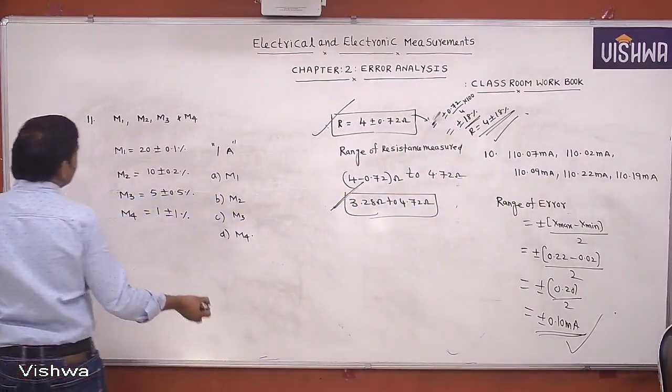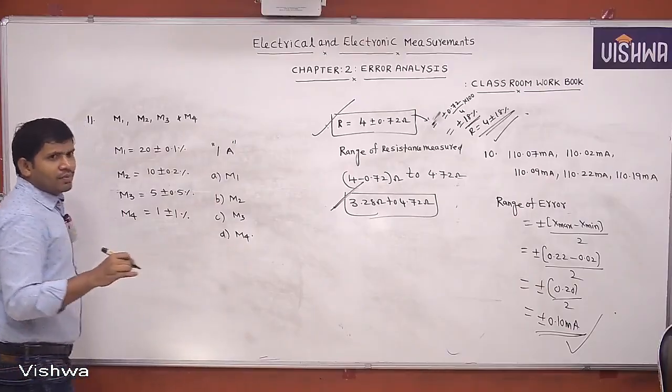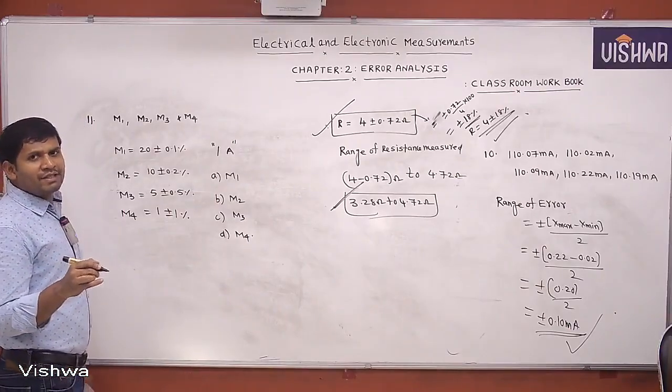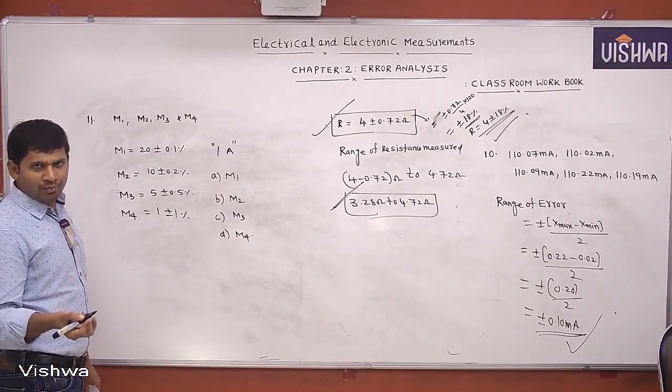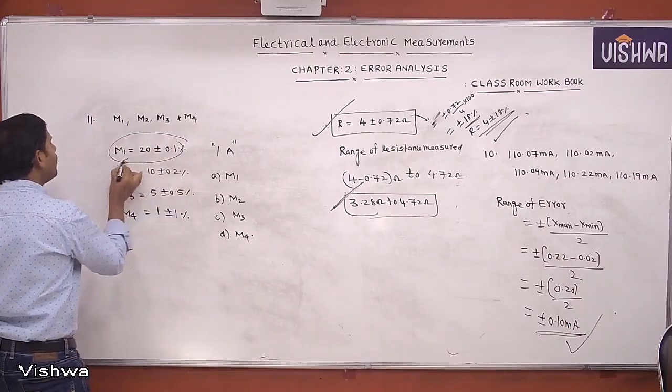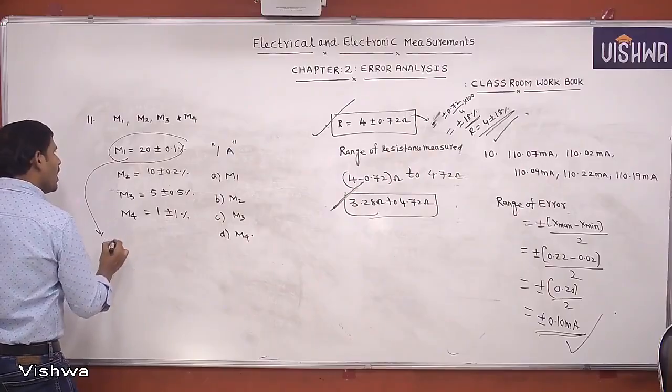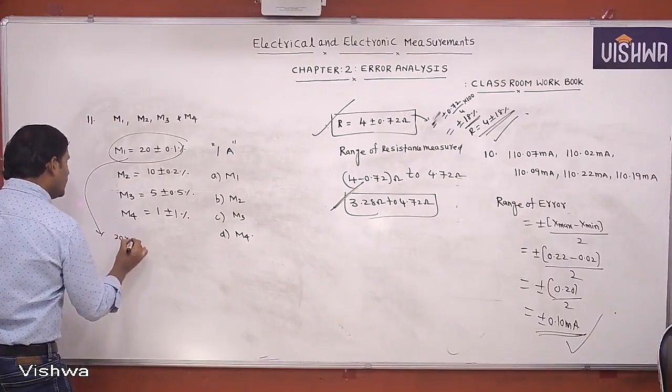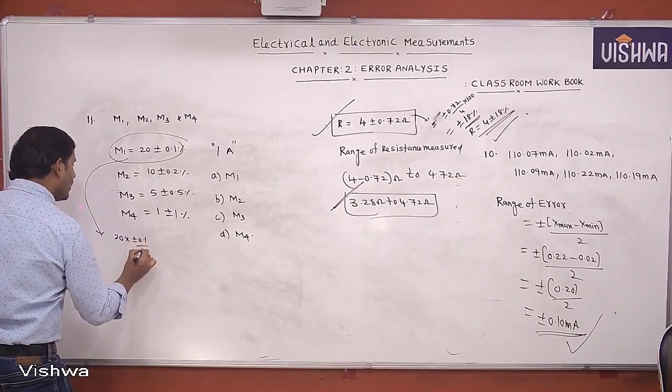But this is given in percentage, so if you want to compare the errors, you convert into absolute form. What is the absolute error in M1? It is 20 into plus or minus 0.1 by 100.